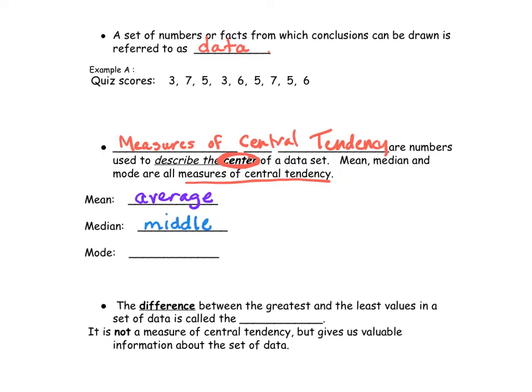And the word median, if you're in a car and you look down the middle of the road, there's usually a yellow or white stripe. That's called the median of the road. And it reminds me of the word medium, like small, medium, large, and that would be in the middle. And then the final word, mode, is the most. So the number or numbers that we see the most. And we're going to explore each of those in detail in the upcoming lessons.